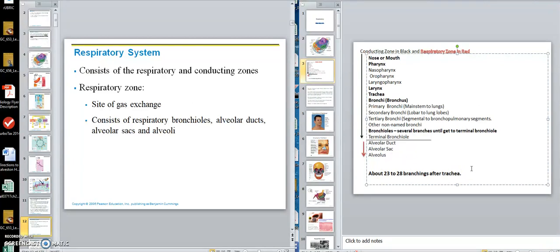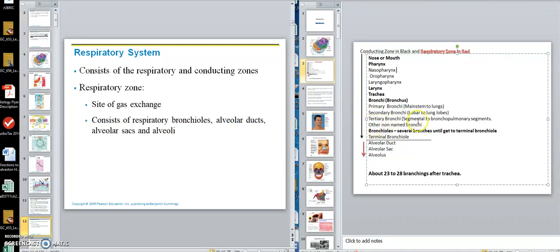But you got to do it by branching because you can't make the body any bigger. Remember, we are mobile creatures. So we have to stay small in order to traverse gravity. So even though the respiratory system went inside, we had to branch it so our body doesn't have to get bigger.